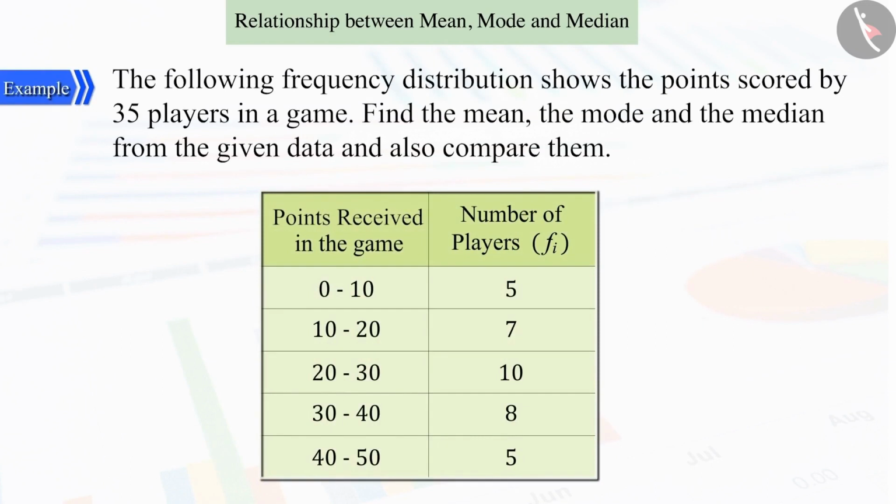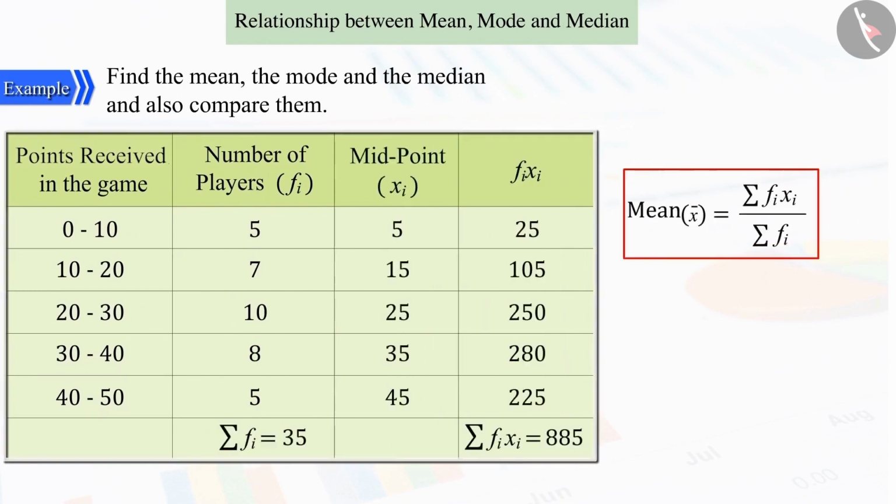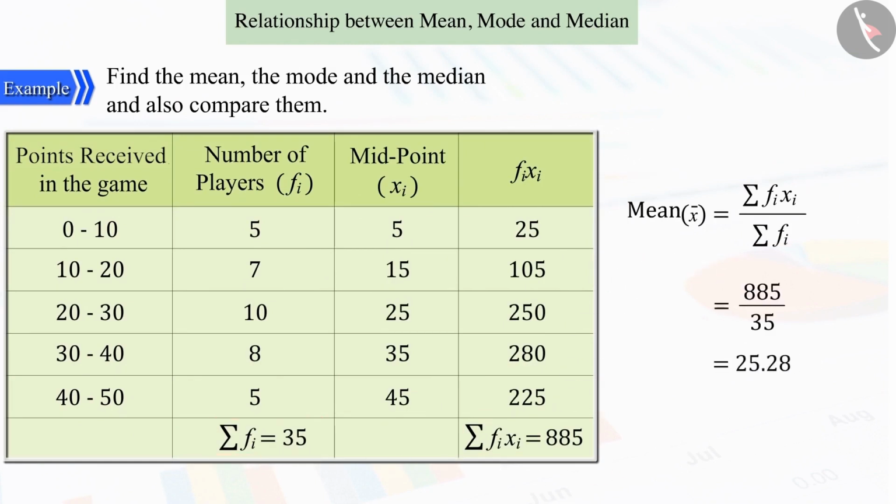The following frequency distribution represents the points scored by 35 players in a game. Find the mean, the mode, and the median from the given data, and also compare them. To get the mean from the above data, substituting the sum of observations and the number of observations in the formula for the mean, on solving, the mean is obtained as 25.28.